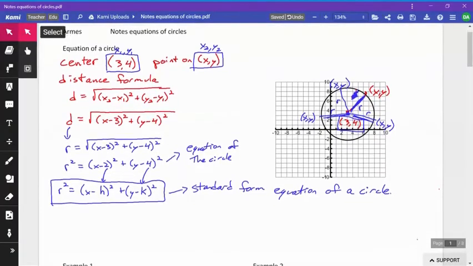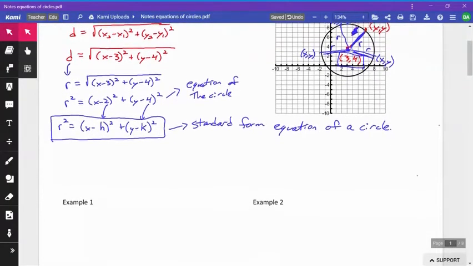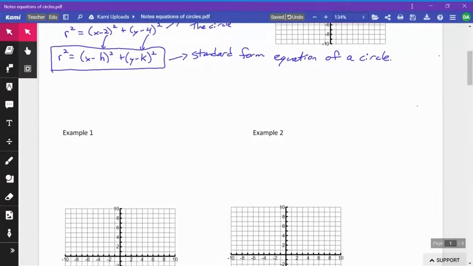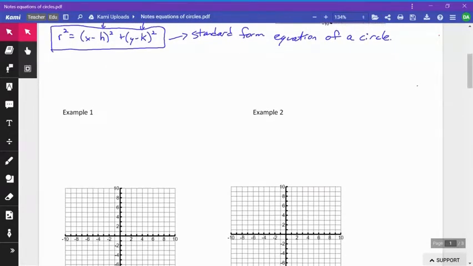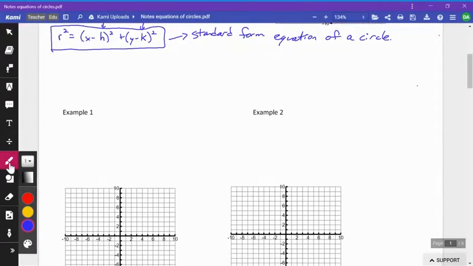What we're going to move on to then is a few examples using that standard form, remembering that in this standard form, I get the center, which is going to be h, k, and I get the radius, which is going to be r.